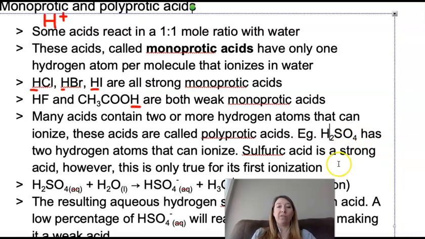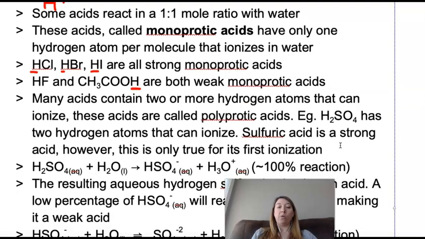So for polyprotic acids, you have to write as many ionization equations as you have hydrogens that you can take off. So for these 5 up here, I would only have one equation to write because they only have one hydrogen to lose. But for sulfuric acid, it has 2 H's, so I need to write 2 equations. So first ionization equation is going to be this. We're going to have that sulfuric acid reacting with water.